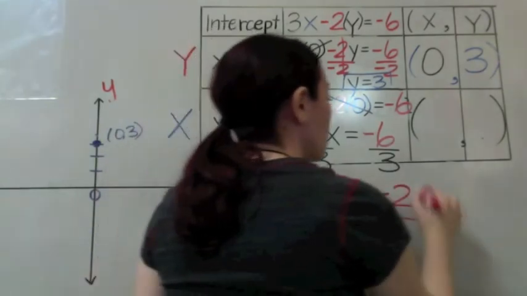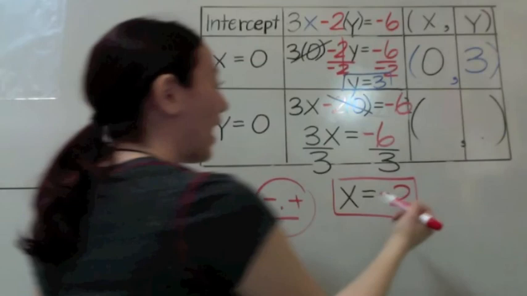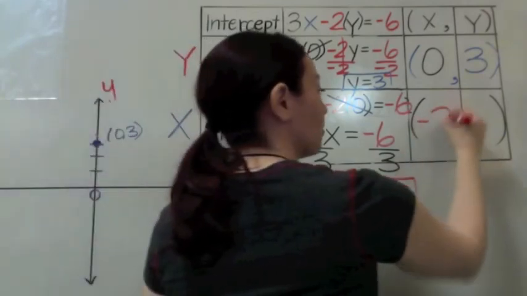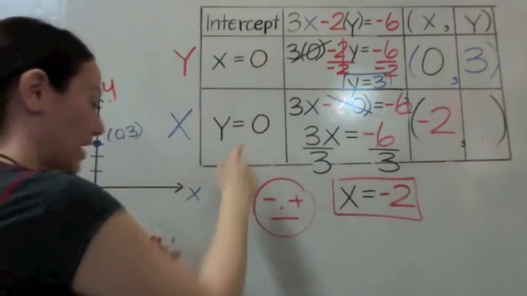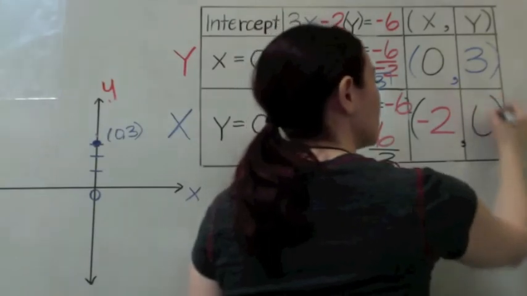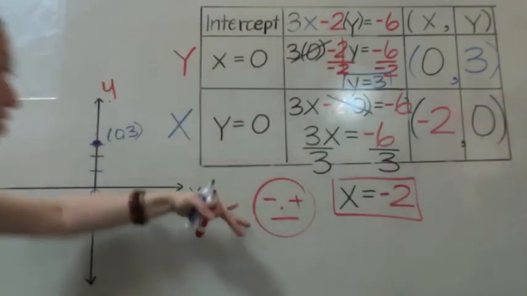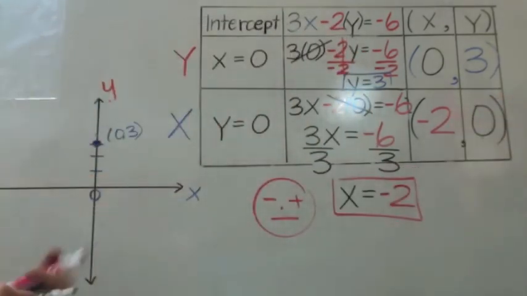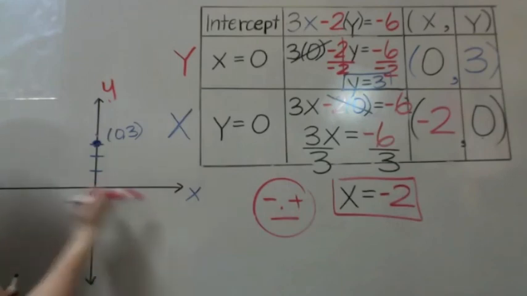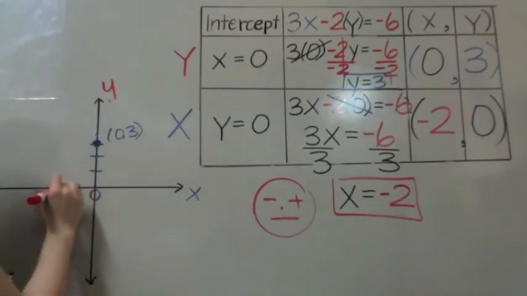Cool. So here, I found x as negative 2, and again, y has to be 0 because this gives me an x-intercept. So I'm going to go on the x-axis, okay? Now, I need to go where x is -2. So I'm going to go over to -2 and put my coordinate point.